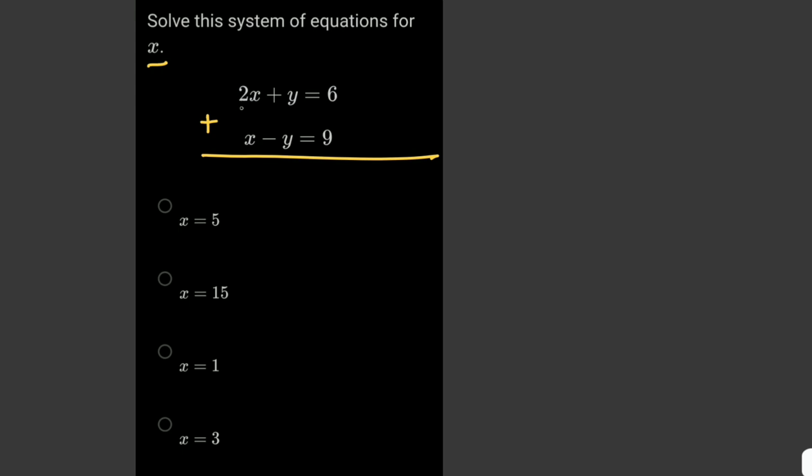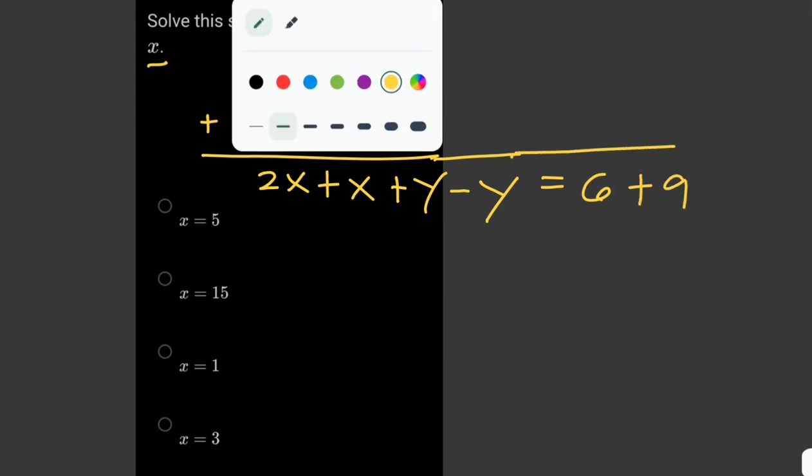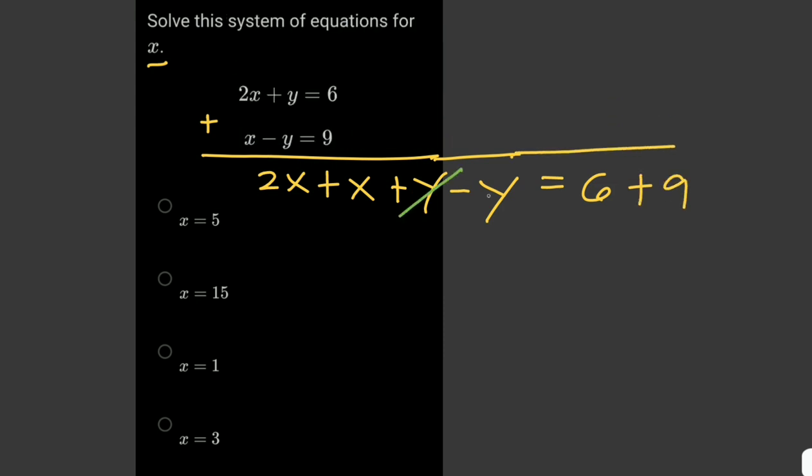So that would become 2x plus x, plus y plus negative y, which is minus y, equals 6 plus 9. And then y cancels out because y minus y is equal to 0.